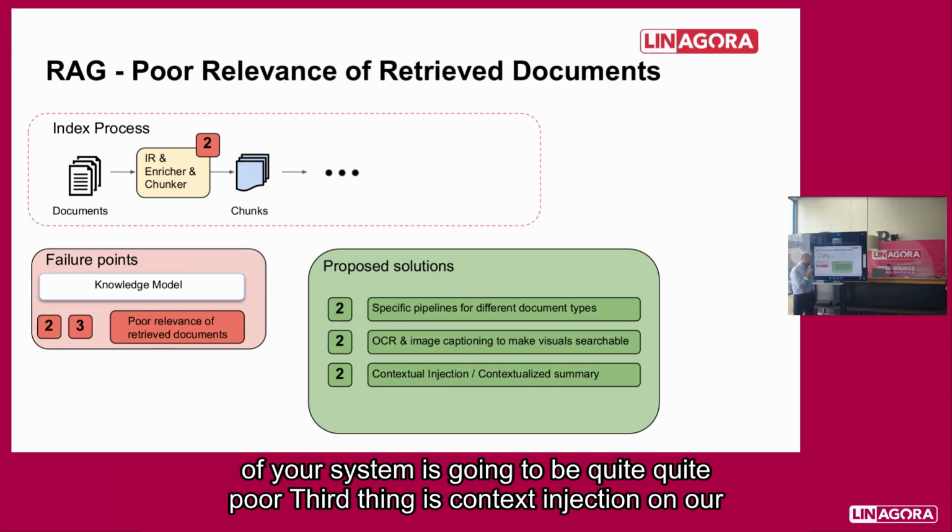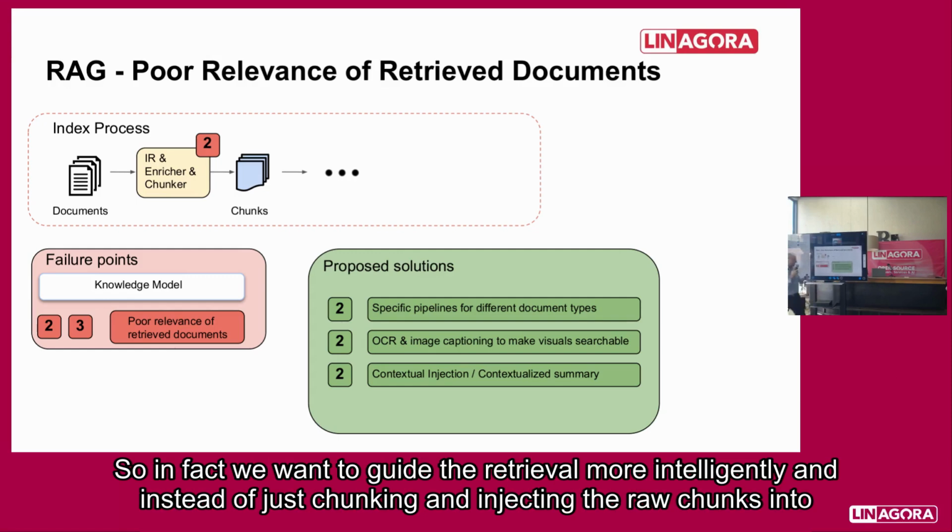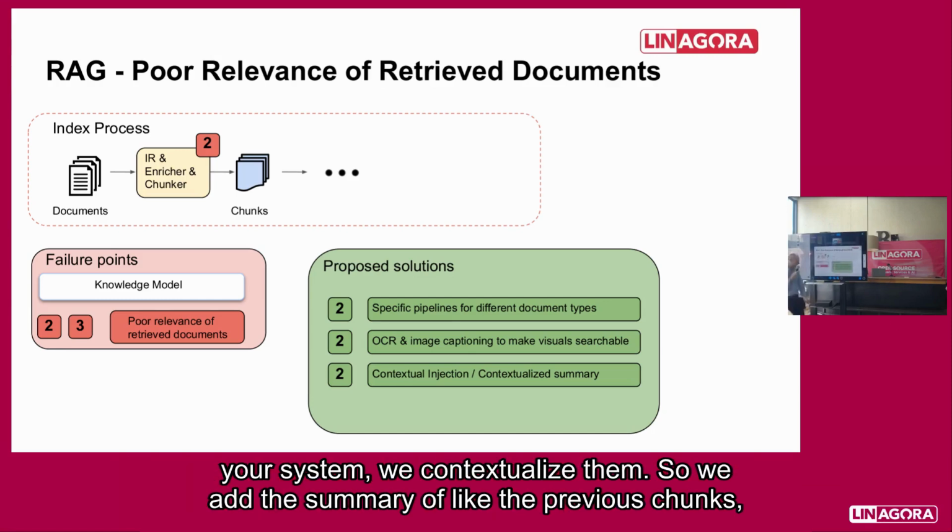Third thing is context injection or contextualized summary. In fact, we want to guide the retrieval more intelligently, and instead of just chunking and injecting the raw chunks into your system, we contextualize them. So we add the summary of the previous chunks.